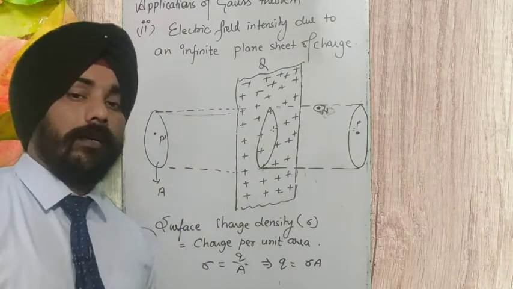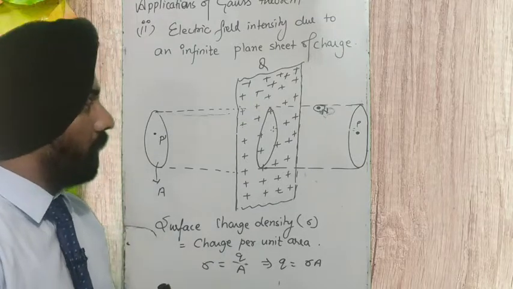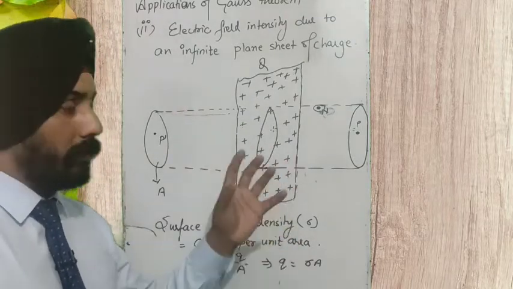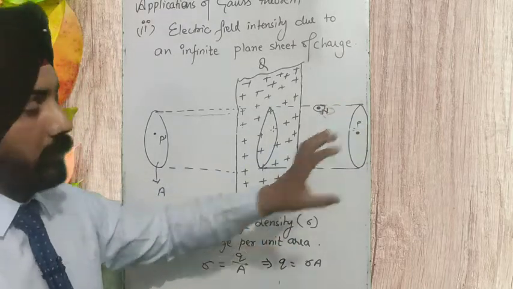For applying the Gauss theorem, we must understand where the electric flux is going to pass through.